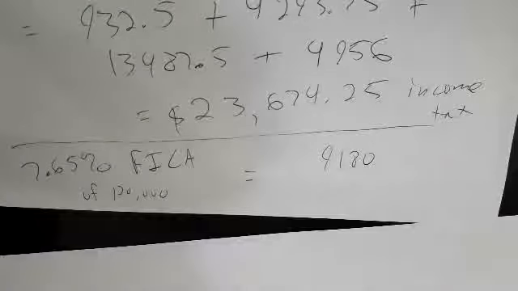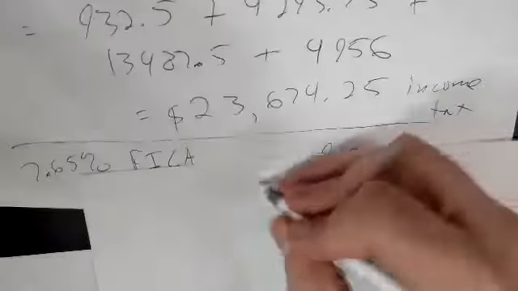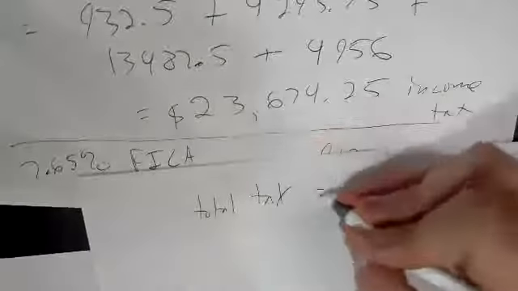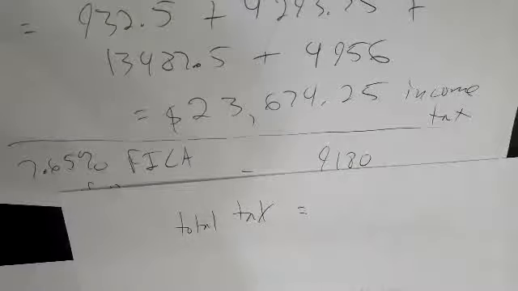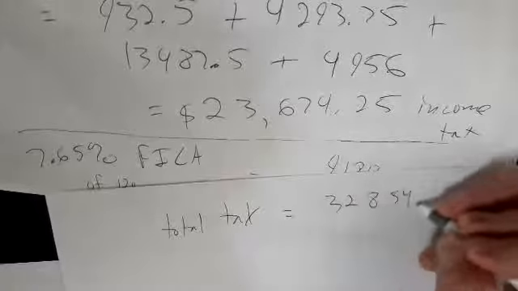So this is his FICA tax. This is his income tax. The other thing that they were asking for is what percentage this is. So if we want to know his total tax, we're going to add these two things together. We're going to get 32,854.25.